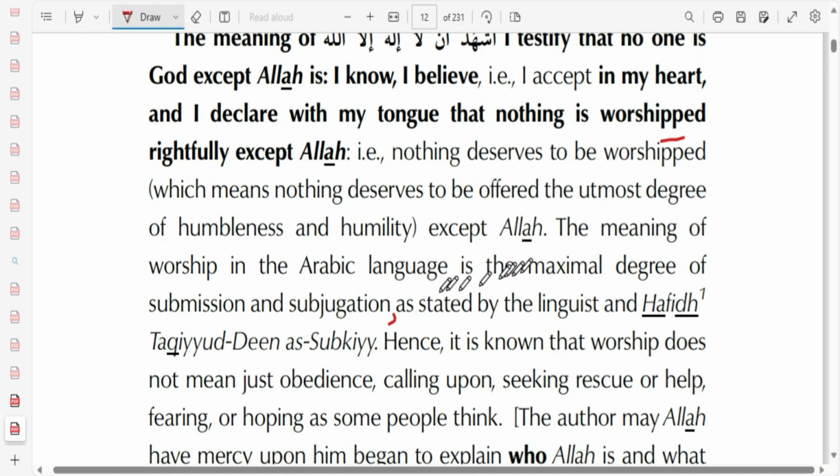So here, the meaning of worship in the Arabic language, there's not a big deal there, but the word worship is not an Arabic word so that it has a meaning in the Arabic language. Had it said here the meaning of ibadah, and then put worship in parentheses, for example, then there wouldn't be a way to criticize it. But that's a small issue there, and maybe a lot of people could just read through that and it won't register for them. That's fine.